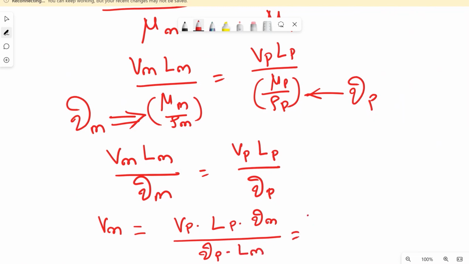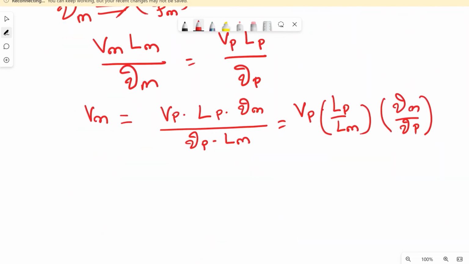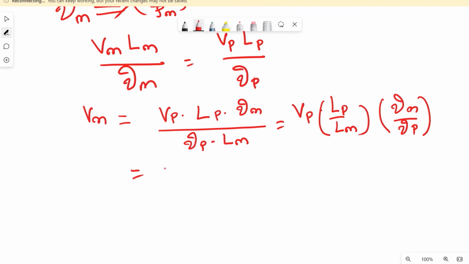Or it is equal to V p into L p by L m. Now I know what V p is, he has given it: V p is equal to 10.